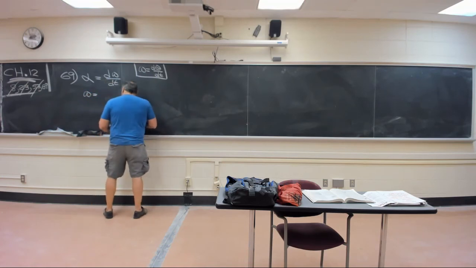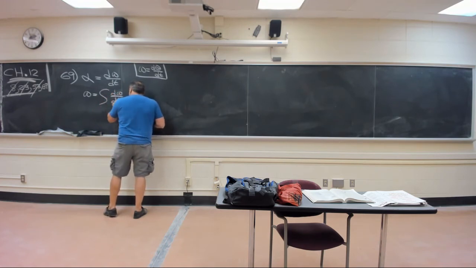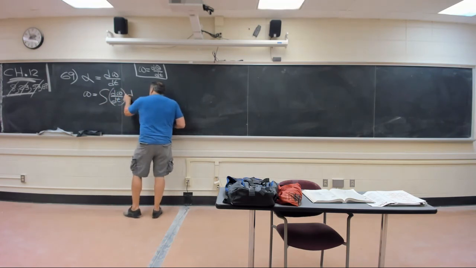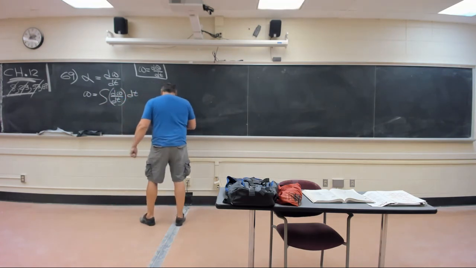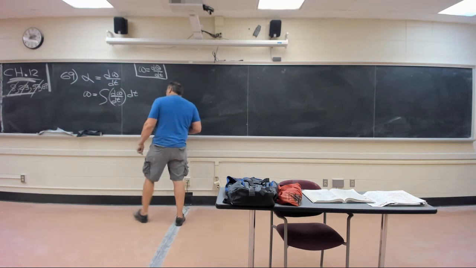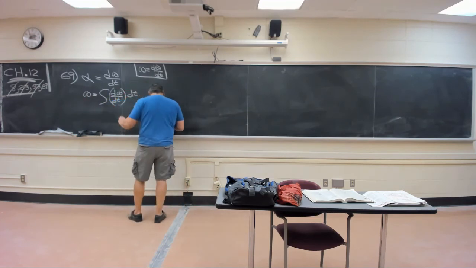Omega will equal the appropriate integral from omega sub i to omega sub f of d omega dt, that function dt, which will give you the change in omega. Delta omega would probably be a better way to write it, but this isn't bad either. What does that mean?